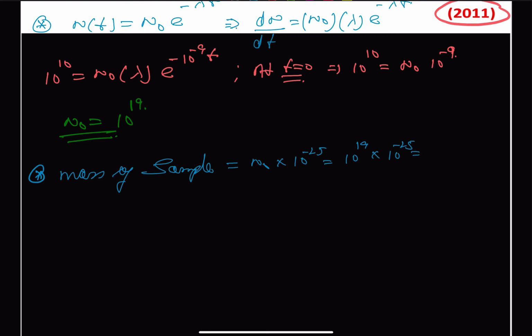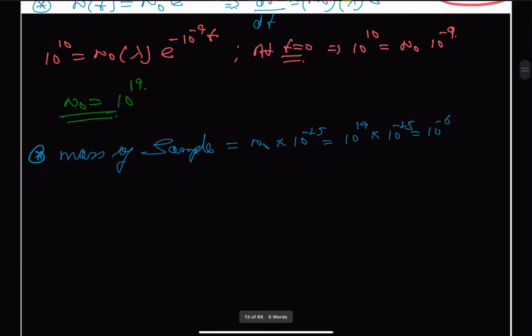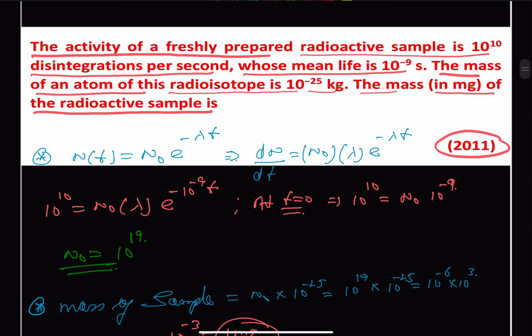This gives us 10 to the power minus 6, and we need it in milligram, so we multiply by 10 to the power 3. This gives us 10 to the power minus 3, or we can say 1 milligram.